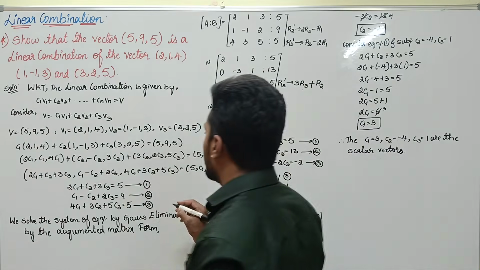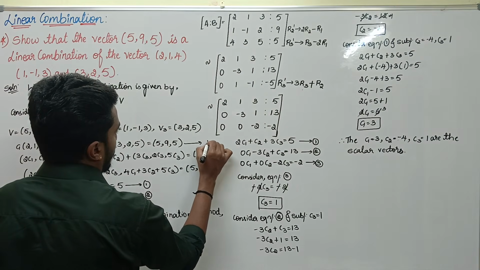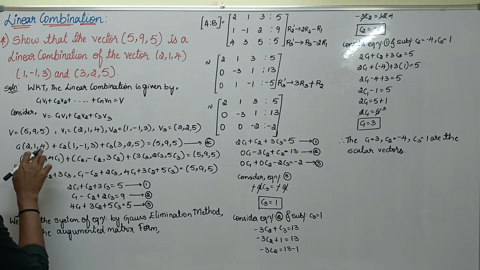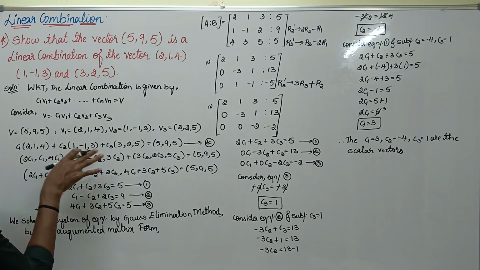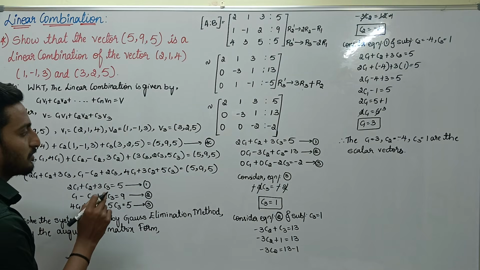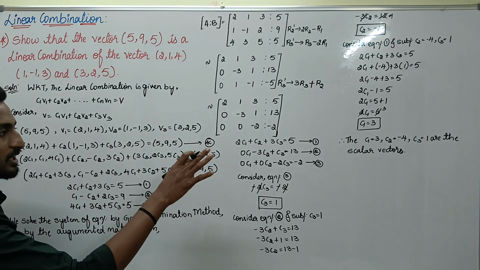Now, how do we verify whether these scalars are correct or not? Consider the equation marked star, or else we can simplify using any of the three equations. If LHS equals RHS, that is, if I multiply by the scalars and get 5, 9, 5, then our scalars are correct.